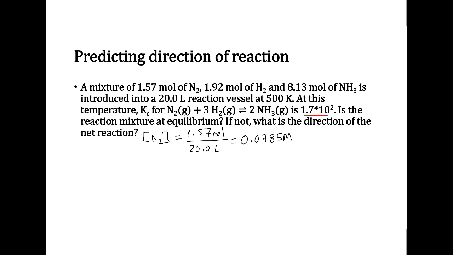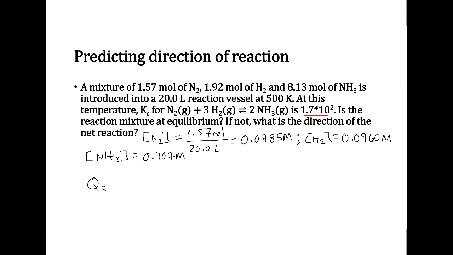We'll repeat this process for all the reactants and products. We'll find the concentration of H2, 0.0960. I'd recommend checking these concentrations in case I made a silly mistake. The concentration of ammonia is 0.407 molar.